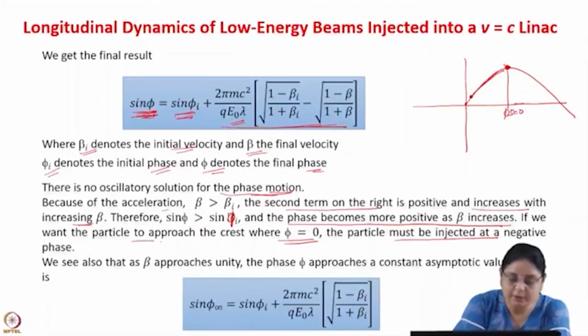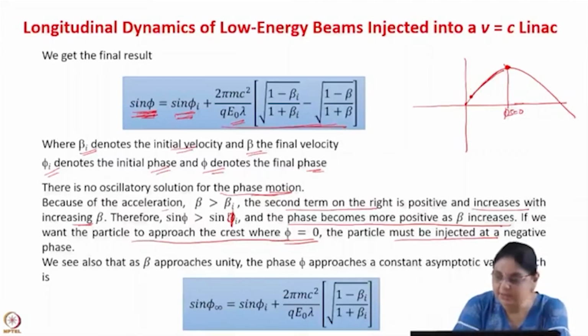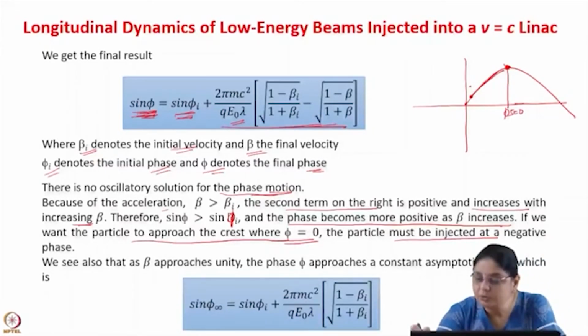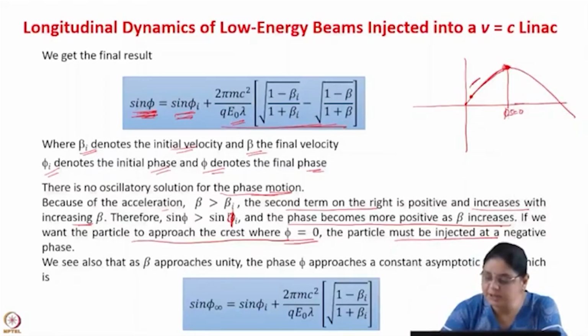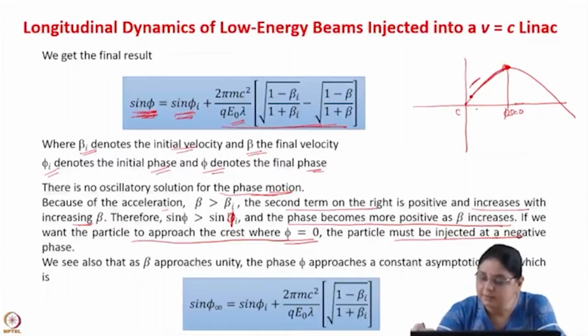So now if we want the particle to move as beta is increasing and finally approach this point here, the particle must be injected at a negative phase. So it should be injected between minus pi by 2 and 0.